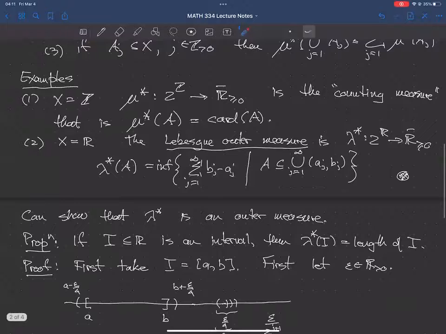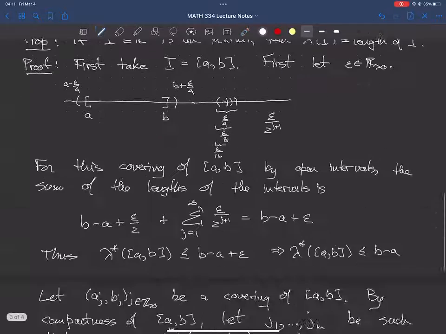And so what that means is that b minus a is a lower bound for this collection of numbers. And since the Lebesgue outer measure is the greatest lower bound, the Lebesgue outer measure must be greater than or equal to that lower bound that I just found.